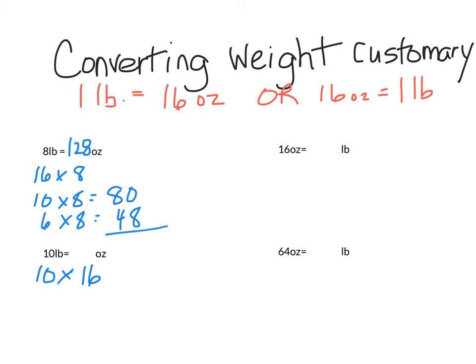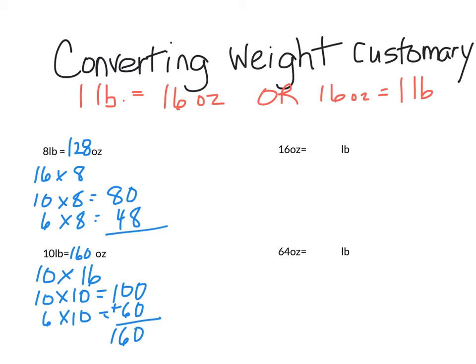So this is a little bit larger, but in theory it's really not, because 10 times 10 equals 100, and 6 times 10 equals 60. Add those together, and you get 160. So in 10 pounds, there are 160 ounces.